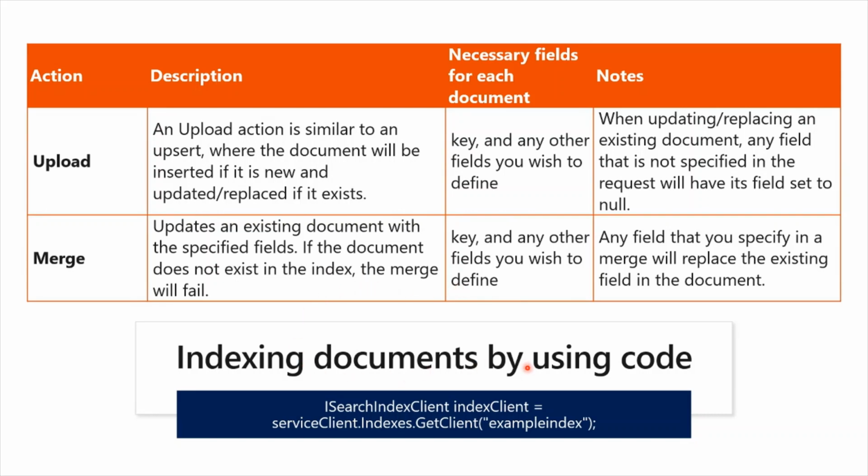Indexing documents by using code. So, in a typical search application, index management and population is handled by separate components from search queries. Indexes.get client is convenient for populating an index because it saves you the trouble of providing another search credential.